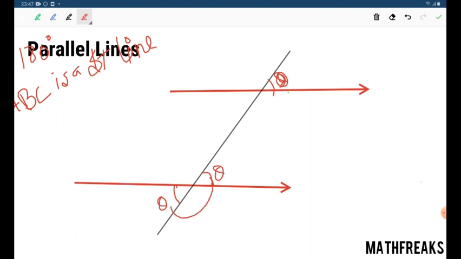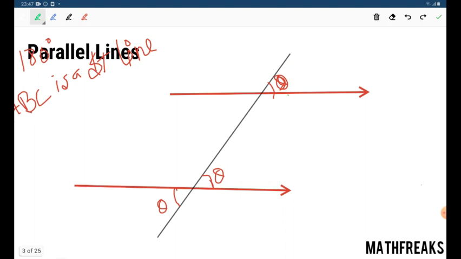These two angles are vertically opposite angles, which are also equal. This angle and this angle are alternate angles. Similarly, this is also theta, and these two are also alternate angles.